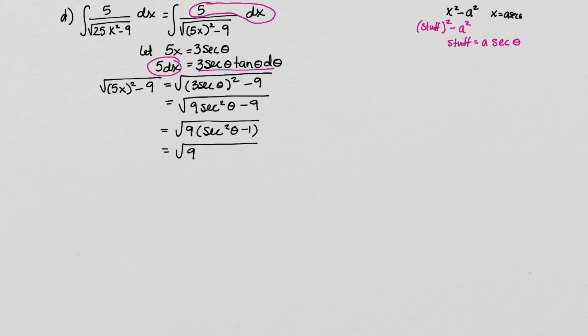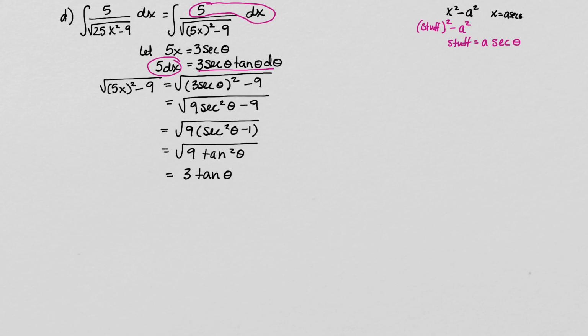So I have the square root of 9 tangent squared theta, which is going to end up being 3 tangent theta. Questions? No.